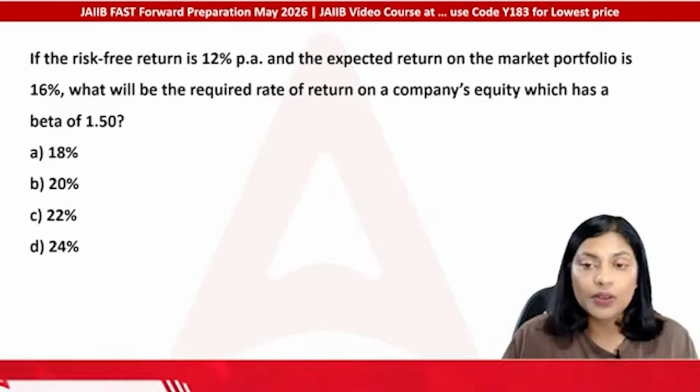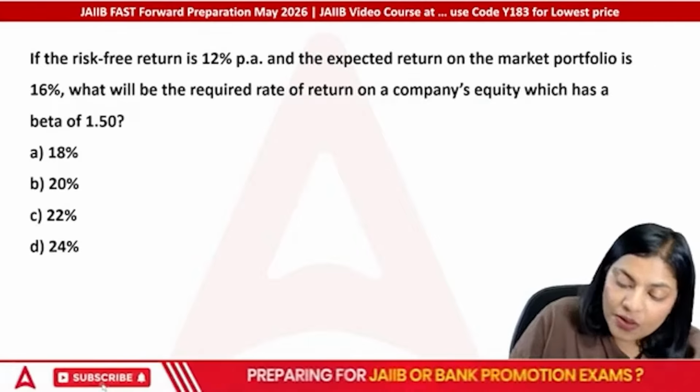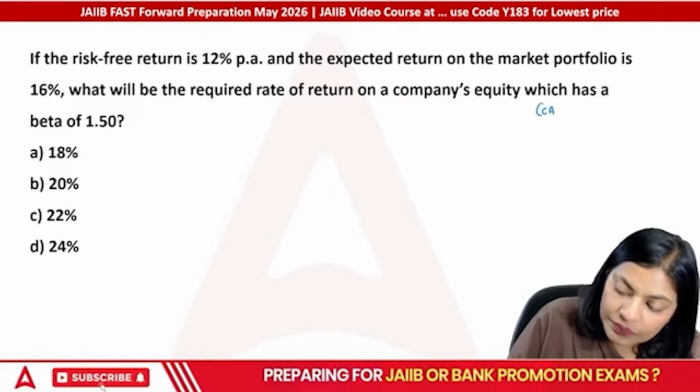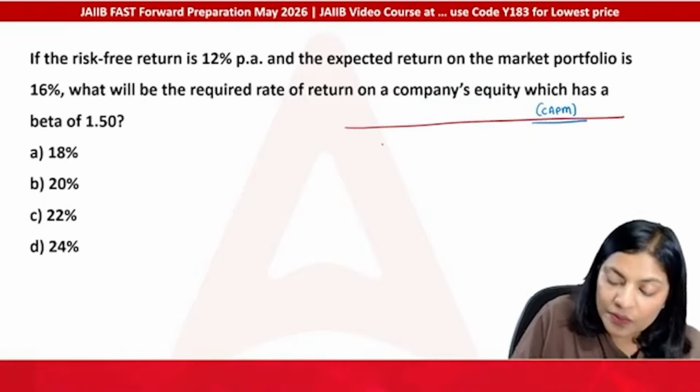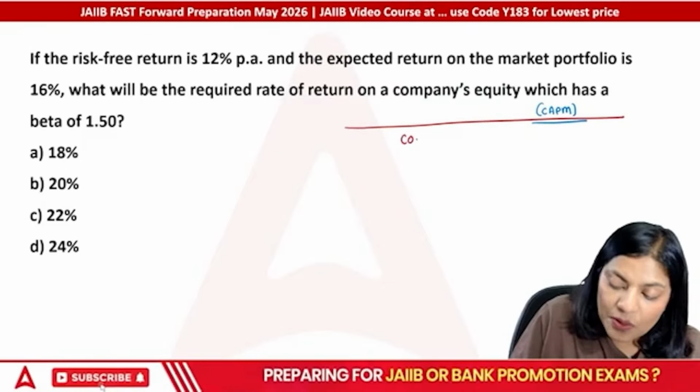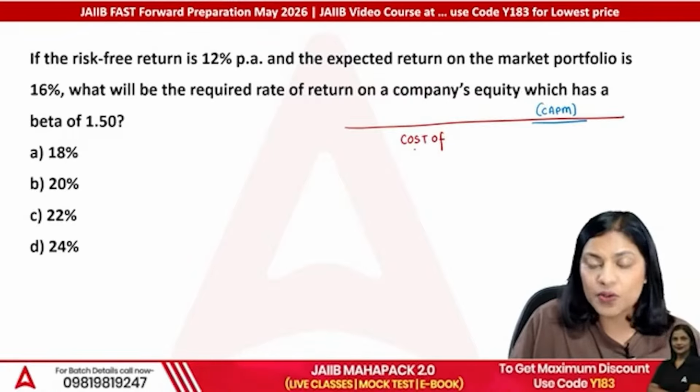Again, a very important question. It is based on CAPM. Now, what is CAPM? What is this question related to? There is the concept of cost of the instrument, like cost of debt, cost of equity.